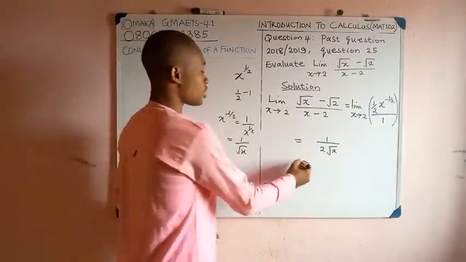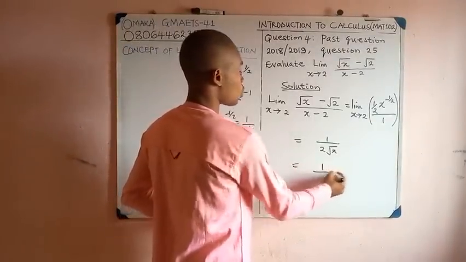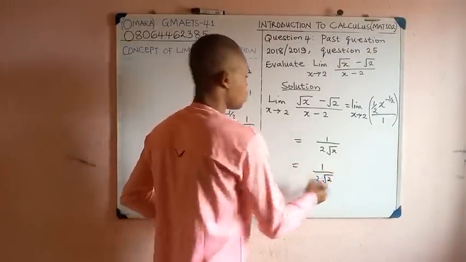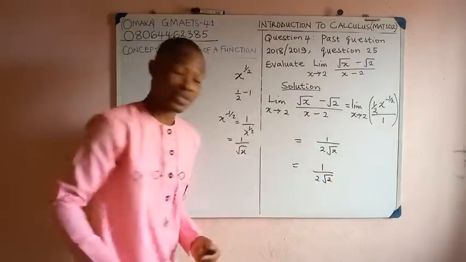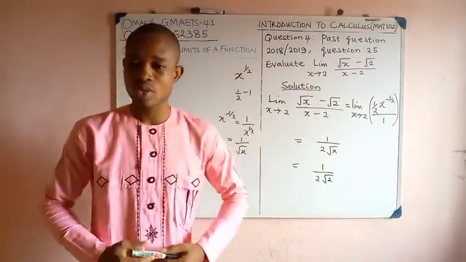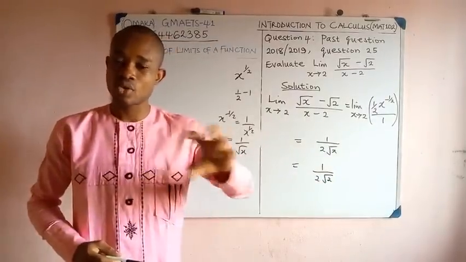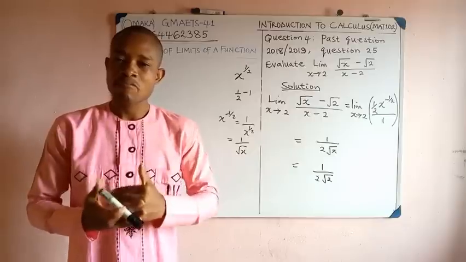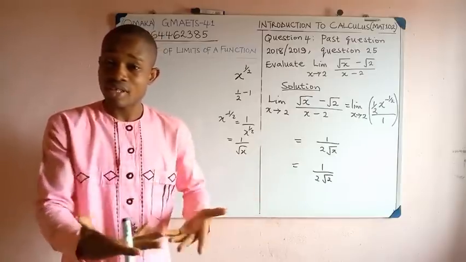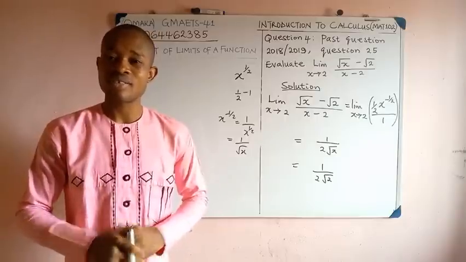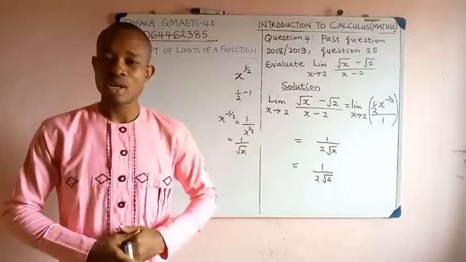So at this point we can now substitute our limits. That's going to give us 1 over 2 root 2, because the limit is what? 2. Good, this could be your result, but there's something you should know. In most cases, when we have a root, an irrational number, like a root of something in the denominator, we usually rationalize. That we learned under surds.